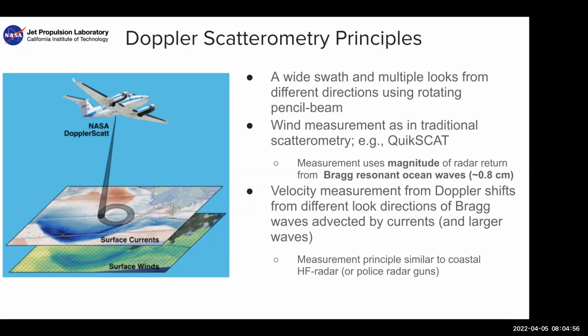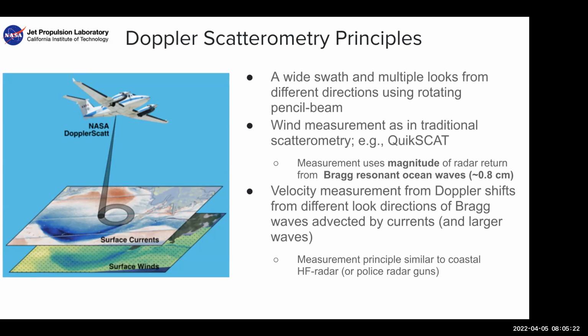The one issue that we will be looking at here is that traditional scatterometry has happened at lower frequencies, either Ku or C-band, and we want to push to another frequency so we can improve our temporal and spatial resolution. So we want to go to Ka band, which is about 8 millimeters of wavelength.